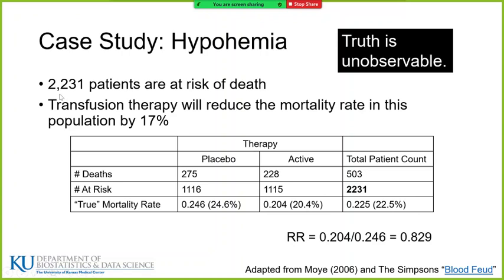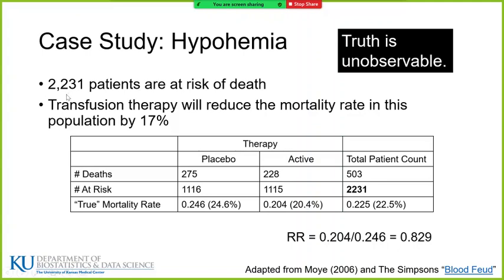Some of these individuals might not have a phone number, or they might live somewhere that we can't get access to them. So it's not feasible to get all of the patients in the population. Assuming it were, you're never going to get all of them to agree to be randomized to placebo versus transfusion therapy. So even if you could get a hold of all of them, they're not all going to agree.